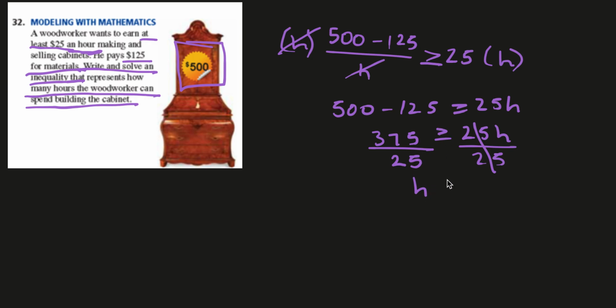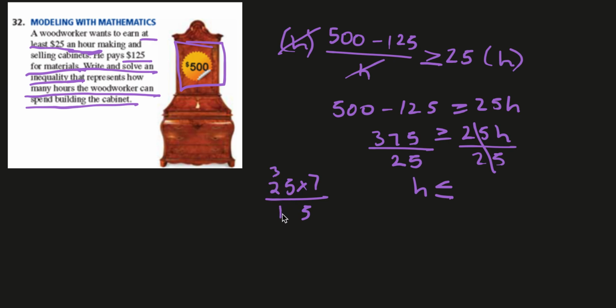So h is going to be less than or equal to. I just flipped it over because I'm writing it this way. So greater than or equal to becomes less than or equal to. It's 375 over 25. So what's that going to be? Let me guess. So 25 times, maybe, let's try 7. 7, 14.